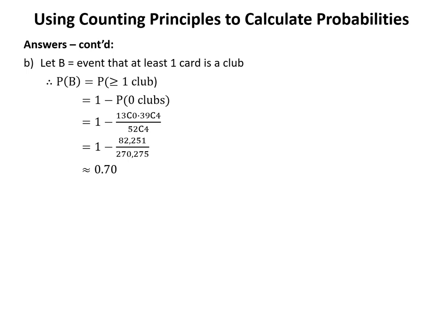Notice that the 13 and the 39 on top add up to the 52, and the 0 and the 4 on top add up to the 4 on the bottom. So what we end up with is 1 minus 82,251 over 270,275, and that works out rounded to the nearest percent as 0.70 or 70%.